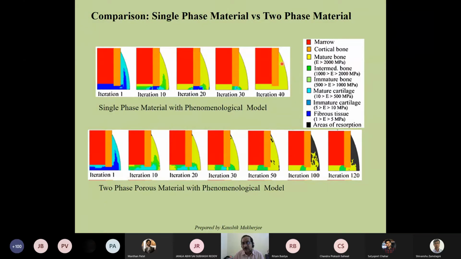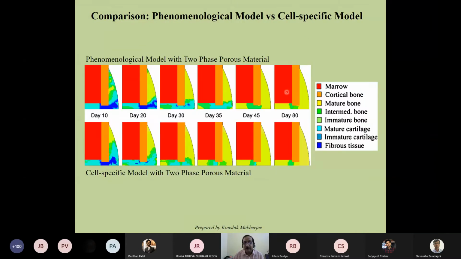Just see, this is a 2D simulation done long back. But if you use the same method but consider the tissue as a two-phase porous material, you can see the difference. So one is a phenomenological model with two-phase porous material. The other is a cell-specific model with two-phase porous material.